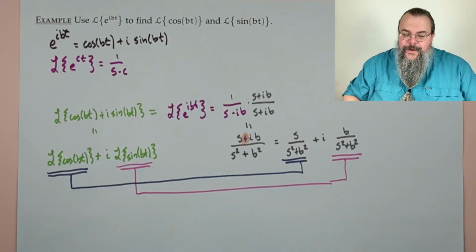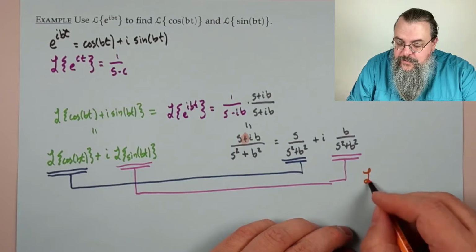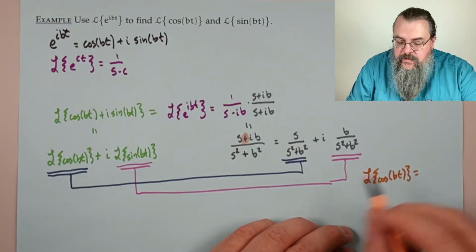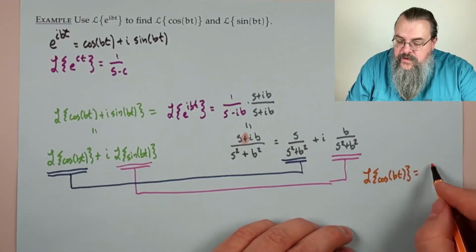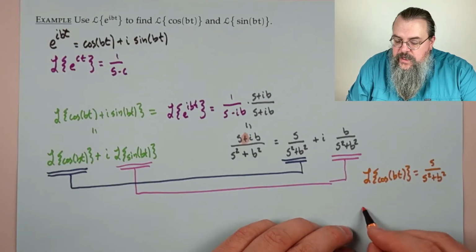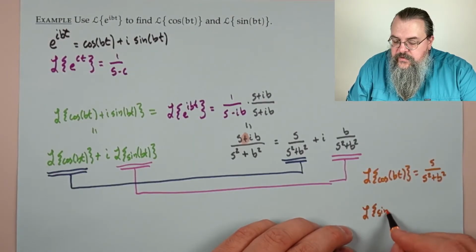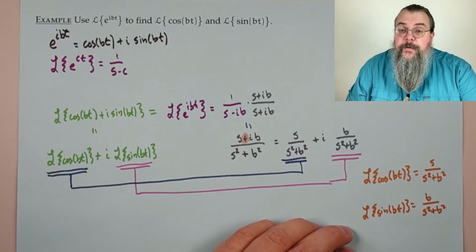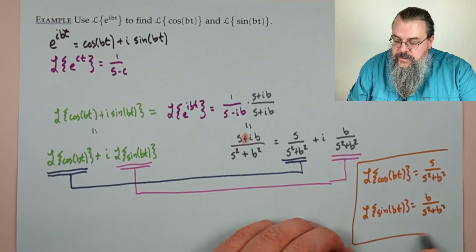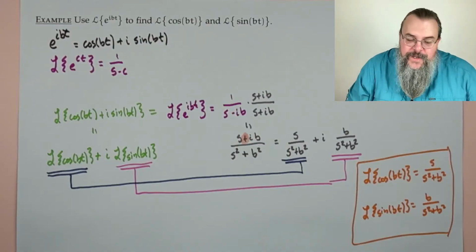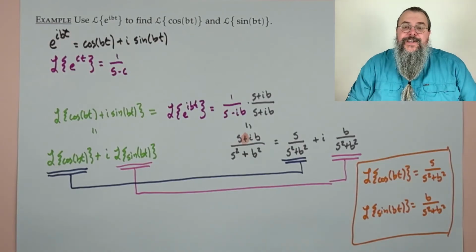How nice. We have that the Laplace transform of cosine bt is s over s squared plus b squared, and the Laplace transform of sine bt is equal to b over s squared plus b squared. And there we go. Cool. We're making great progress. We have exponentials, sines, and cosines, and life is good.